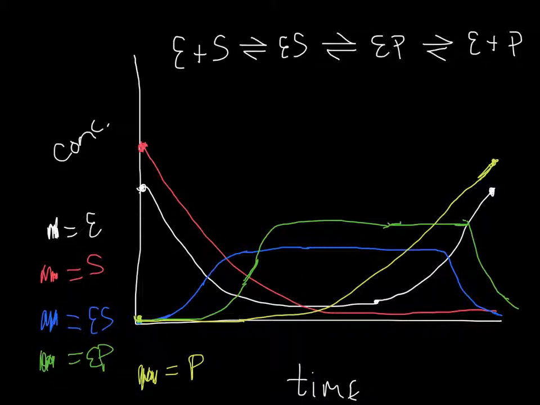Yes, yes. So if we look at the section here where the concentration of ES and the concentration of EP both are not changing, okay? They call that the area where the concentration of the enzyme-bound intermediates aren't changing.